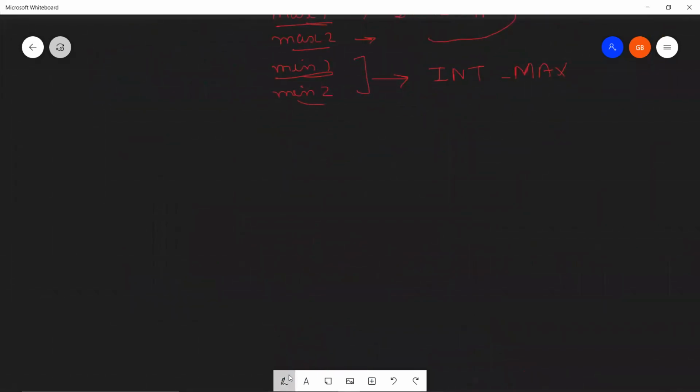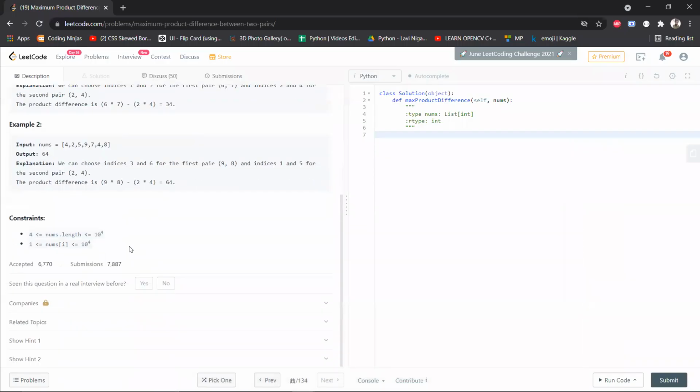Let's say your array was 1 and 2. What will happen then? Nothing will happen then. This possibility will never arise because in the constraints it is given that the minimum length of the nums array will definitely be 4, right? And I guess both the n log n and O(n) solutions will work.